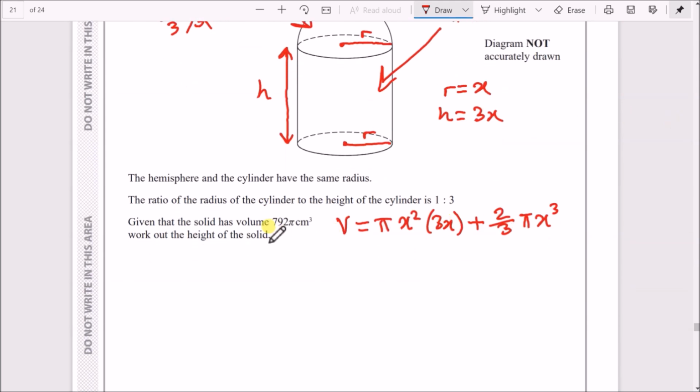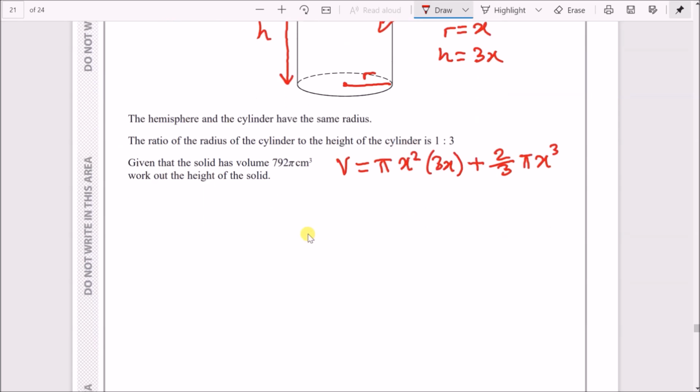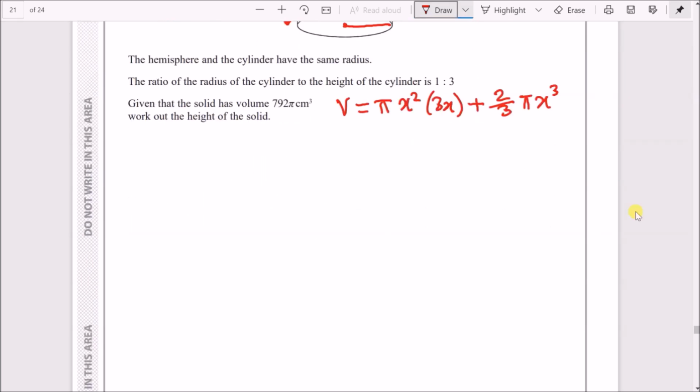And all of that's supposed to equal 792 pi. But we'll get to that in a second, yeah? Now, if we go ahead and multiply this term out and replace the volume with 792 pi, we now have 792 pi equals pi times x squared times 3x.